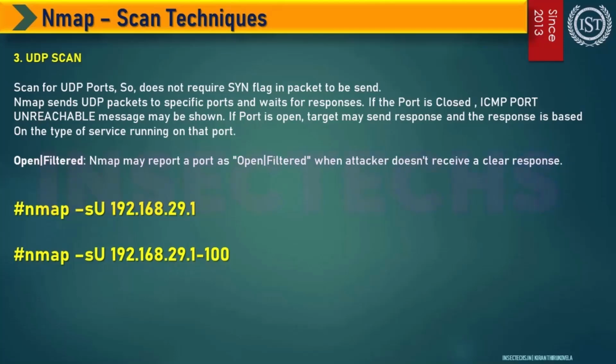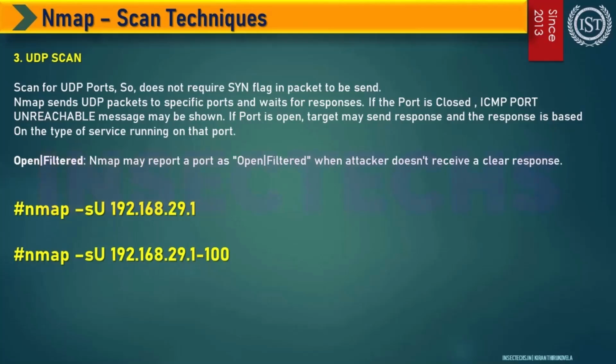And the next one is UDP scanning. As we discussed, the TCP Connect scan can be used only for TCP ports. If you want to scan for UDP ports, you can use UDP scanning. It doesn't require any SYN packet to be sent, since we are not going to scan any TCP ports. This works by sending UDP packets to the target machine and waiting for a response.